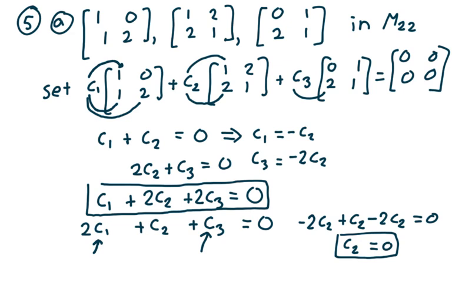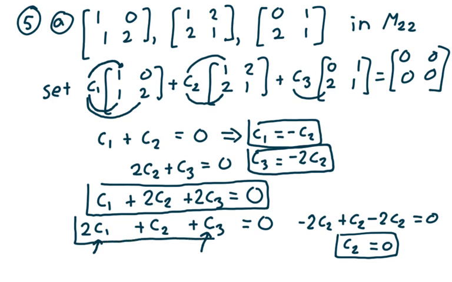Now notice, if I solve for C1 in terms of C2, I get C1 equals negative C2 right here. And if I solve for C3 in terms of C2, I get C3 equals negative 2C2. So I can plug into the fourth equation or the third equation. And I claim you're going to find that C2 equals 0, regardless of where you plug things in.